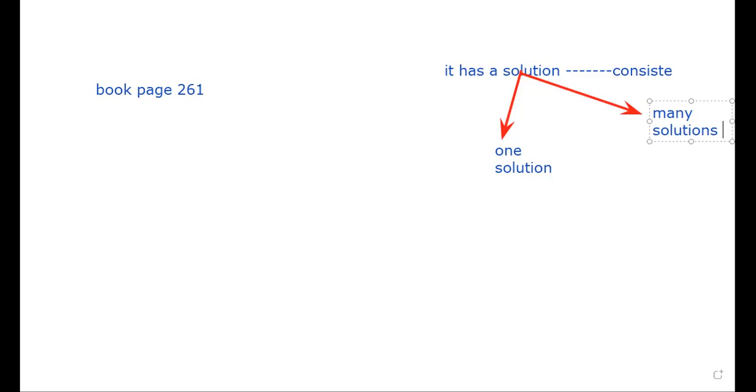Now we will solve together, as I said, page 261, question number 6.